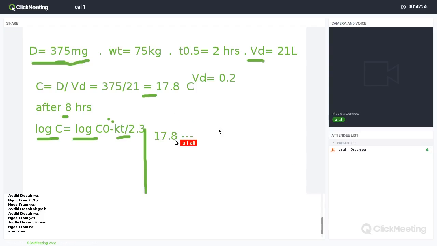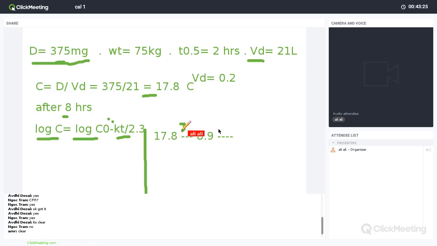After a specific half-life, which is 2 hours, the drug will reach half of its plasma concentration. So this 17.8, you can divide easily by 2. It will give you 8.9. So this is after 2 hours.